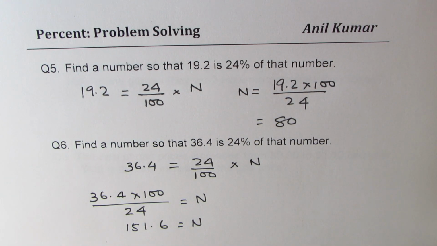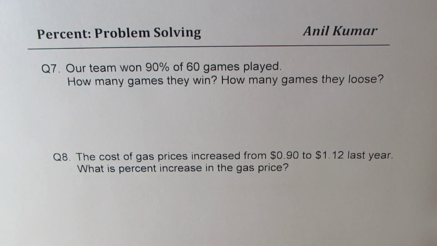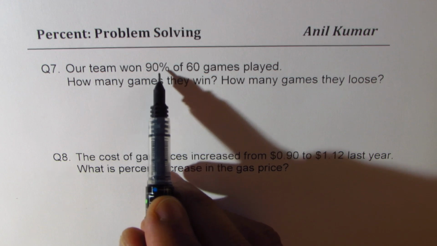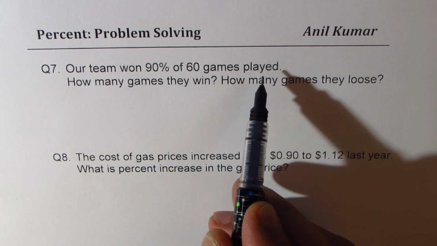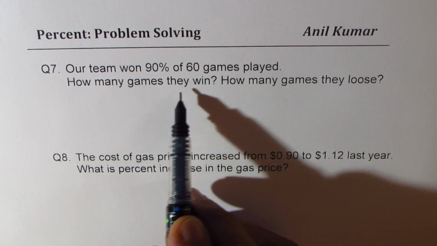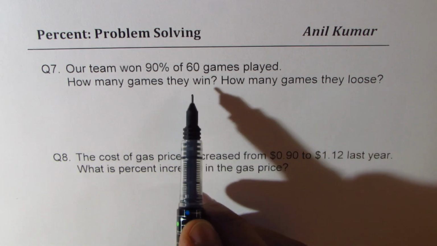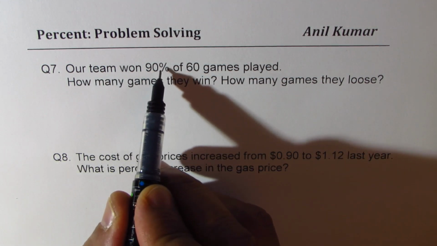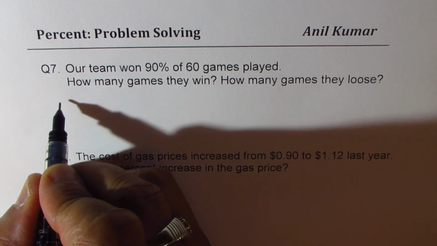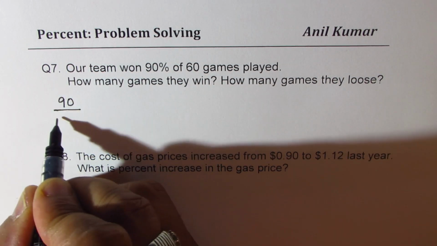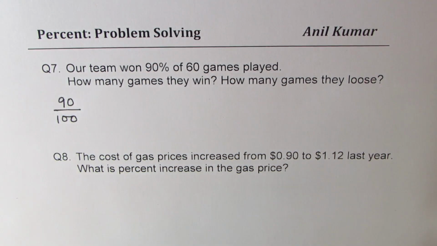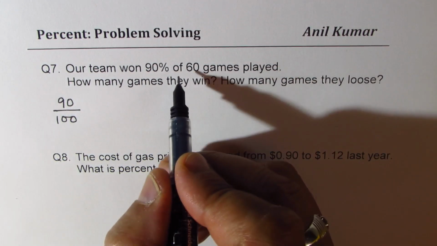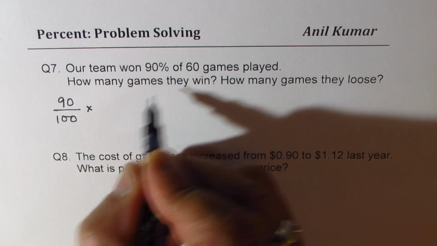Last two questions of this. Question number 7. Our team won 90% of 60 games played. How many games did they win, how many games did they lose? So winning, let's find. Our team won 90% of 60 games. That means 90% means 90 divided by 100, 90 out of 100, of means times 60.